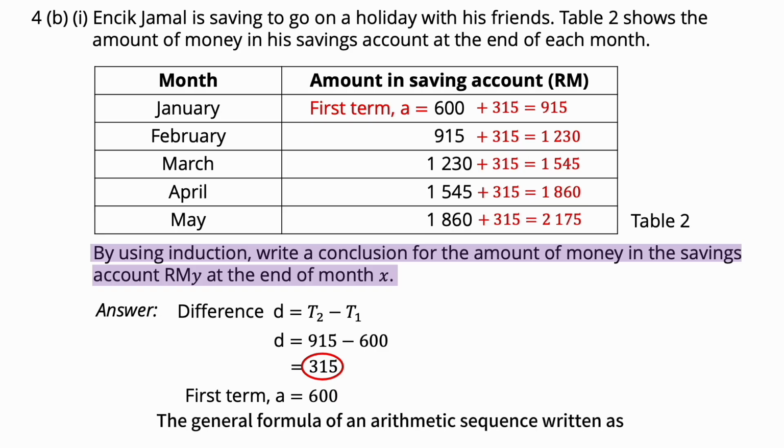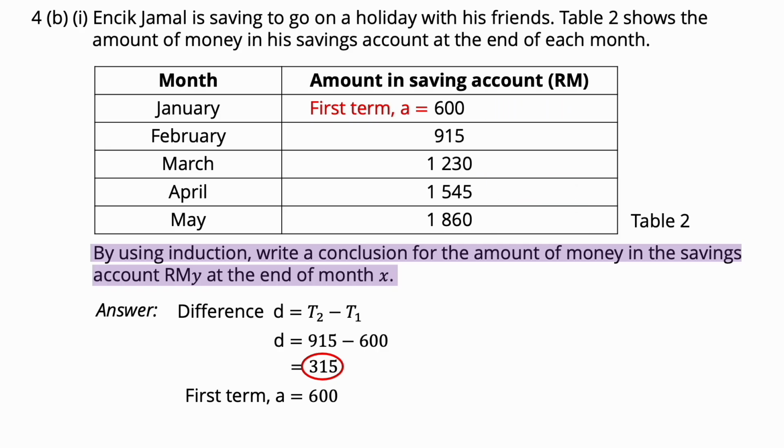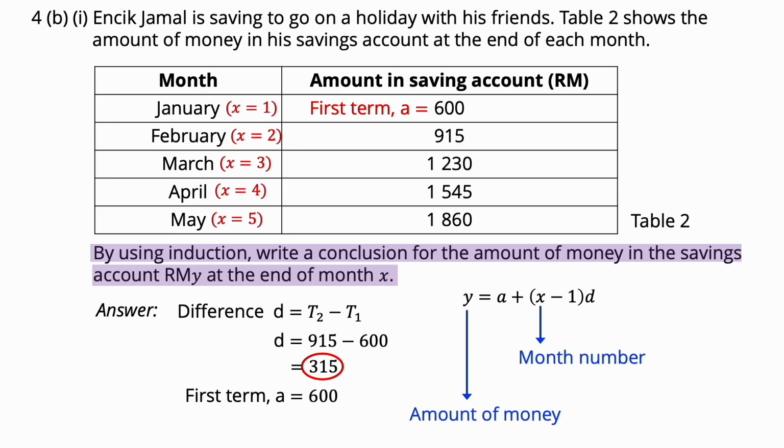The general formula of an arithmetic sequence is written as y equals a plus x minus 1 in brackets times d, where y is the amount of money, x is the month number, a is the first term, and d is the common difference. Plug a equals 600 and d equals 315 into the formula.